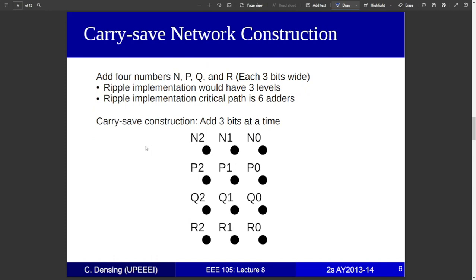So we can make the construction of carry save networks systematic by grouping the addition operands in terms of dots.